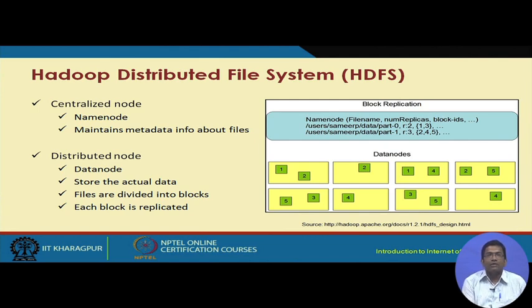This is what is shown in this figure: the data nodes with replication of the blocks, and the name node. The name node has the metadata and the data nodes have the actual data, fragmented into blocks, and these blocks are replicated, and consequently we have more reliability in the storage of data in Hadoop HDFS.